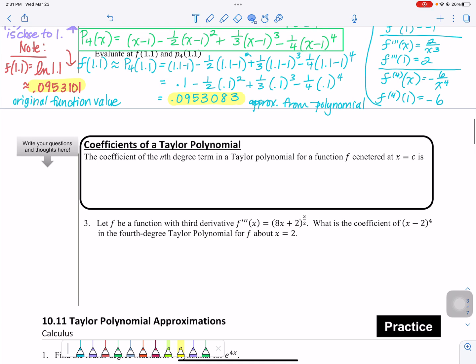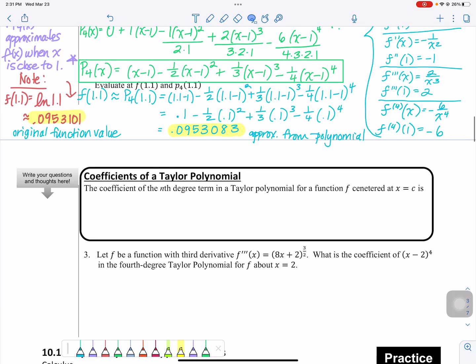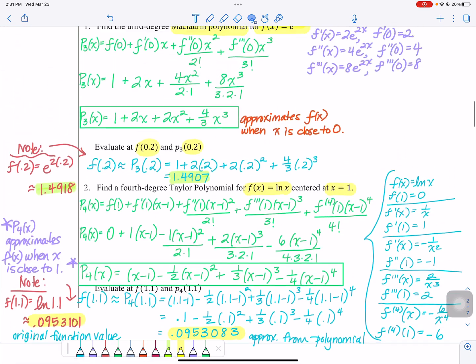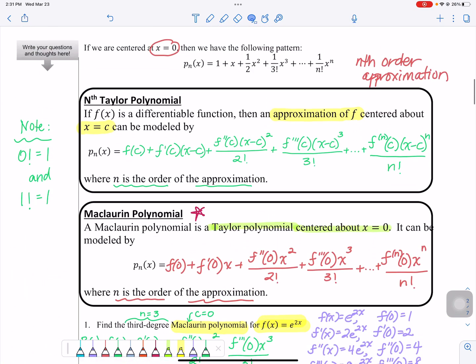Okay, I wanted to point something out. Take a look up here in the Taylor polynomial, and do you see that all of this is the coefficient of this x term, and this is the coefficient, and this is the coefficient of the nth degree term.